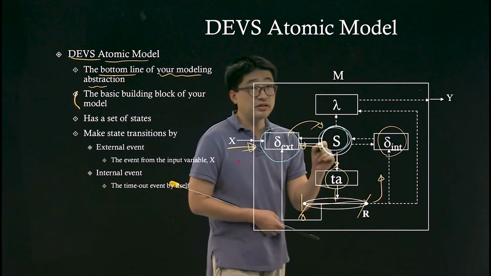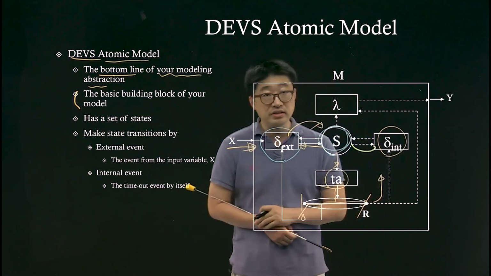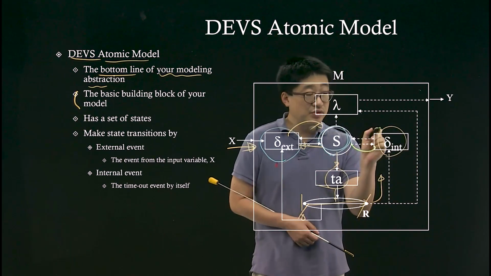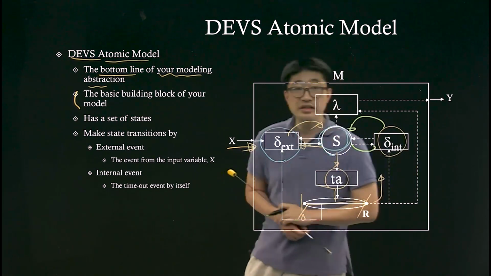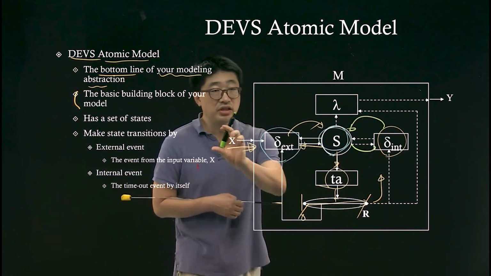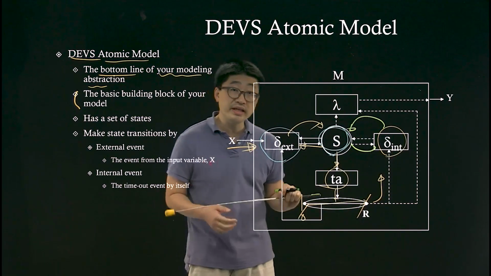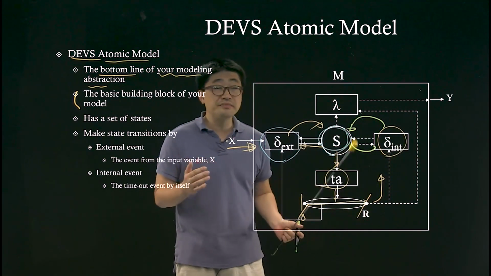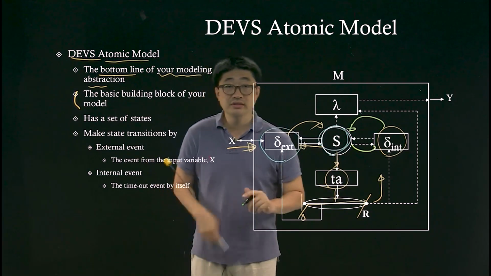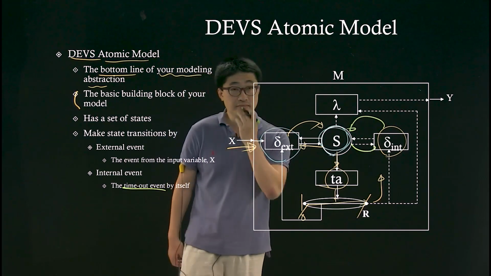Delta internal takes S for the internal state transition, and the next state comes out of delta internal. Here, it's not like the external event X. Delta internal only takes S because it is invoked by the timer, not by an external event. So it is a timeout event.